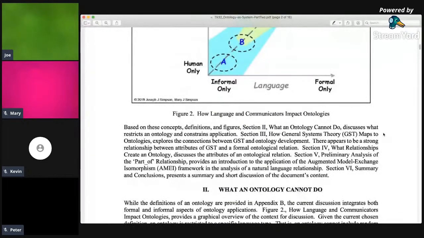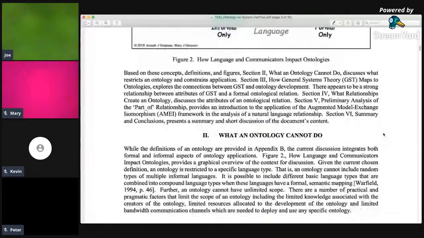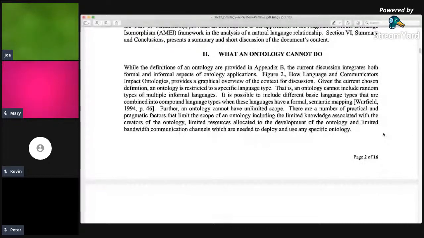We picked the part-of relationship, which we took out of a reference work, Applied Ontologies. We'll talk about how that applies to augmented model exchange isomorphism, and then summary and conclusions, and some of the implications of this work. So up to that point, are there any questions?